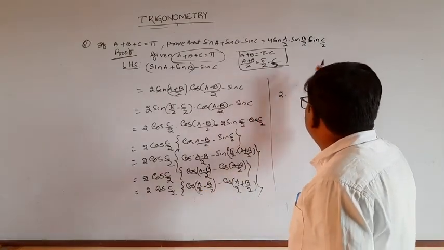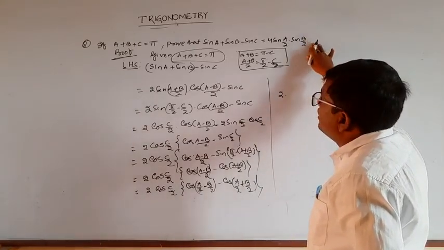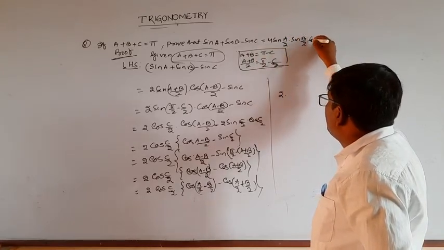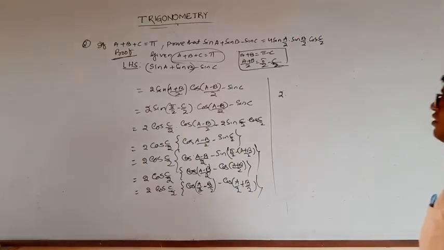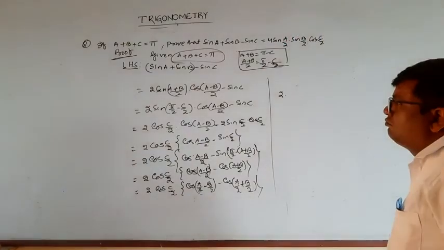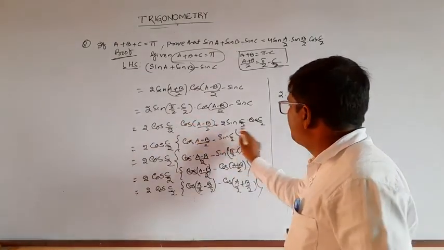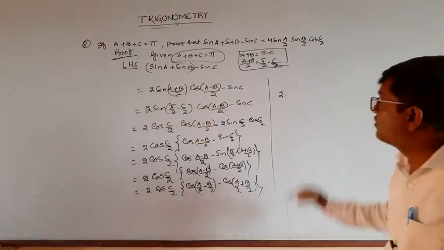The question needs a correction. Correct the question: 4 sin A by 2 sin B by 2 into cos C by 2. Correct? Because here cos C by 2 is common.